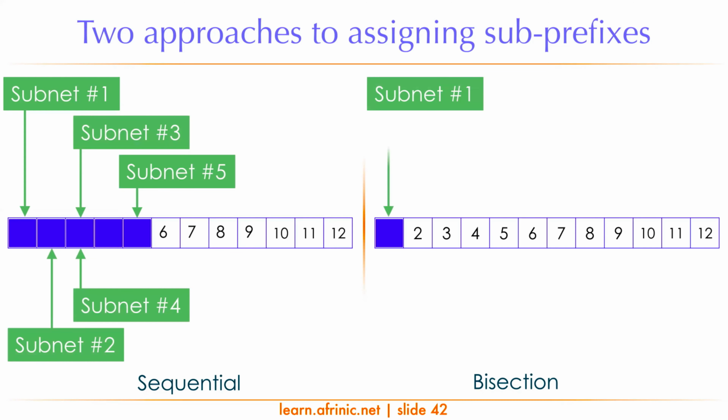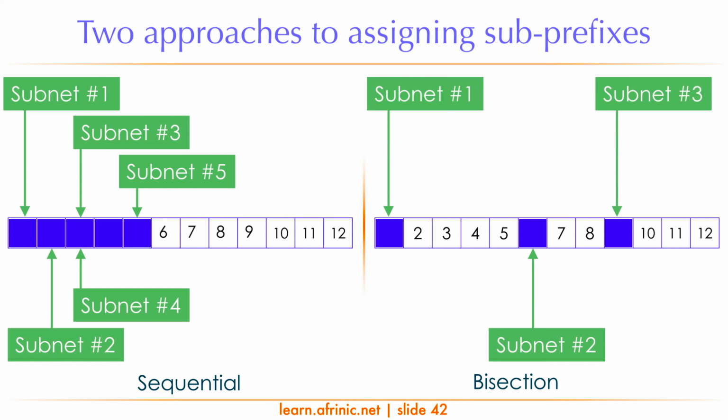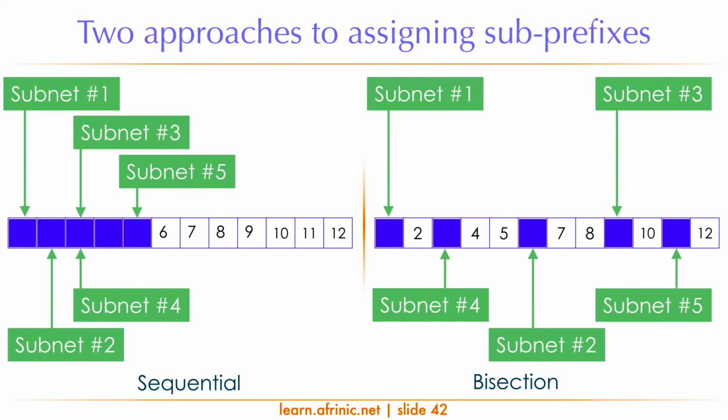If you compare the 2 allocation methods, sequential is on the left of your screen and bisection on the right. In sequential, picture this: a customer comes to me and I allocate the first subnet, which means I've already allocated the next one. If they want additional space, there's no room for growth. But with bisection, if I give customer one the first block, I already have some extra space next to it.